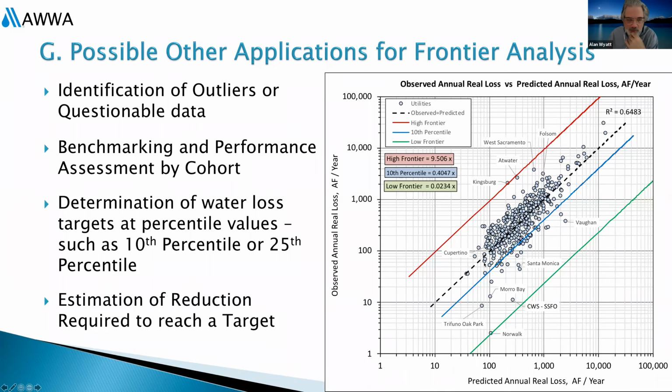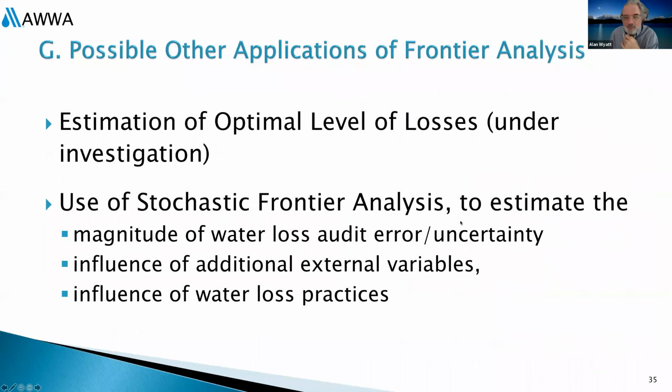You can do performance assessment either as a whole state or the northern part of California, or those who use groundwater, by cohorts. You could determine percentiles, this is the 10th percentile. You could have a target that's not an economic target, but still a potential target on a percentile basis, and compute what reduction is needed from the current state down to whatever percentile.